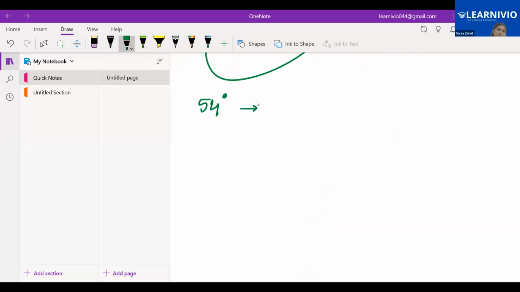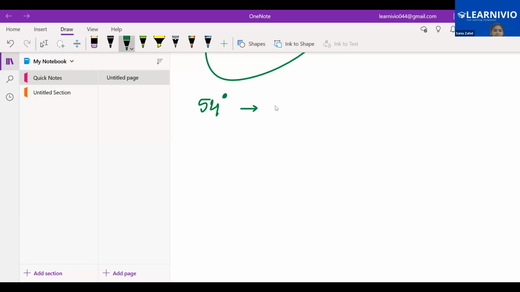Okay, the next is 54 degree. What is the complement of 54 degree? 36 degree. Razan, you?